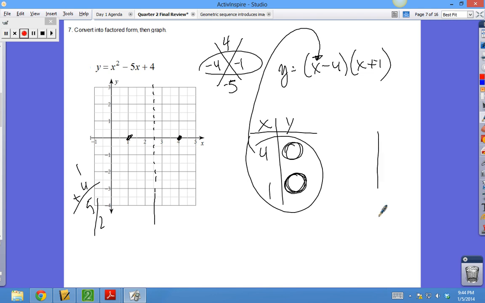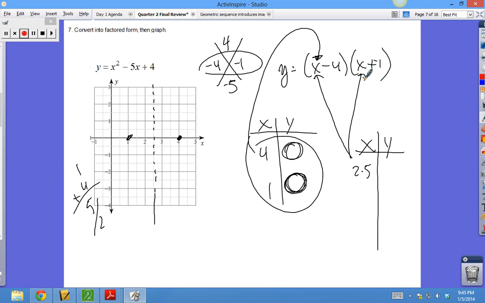So I'm going to do the same thing we've done in almost every single problem. I'm going to take the 2.5 that I know for x, and I'm going to plug it in here, do the math, and that will tell me the y.